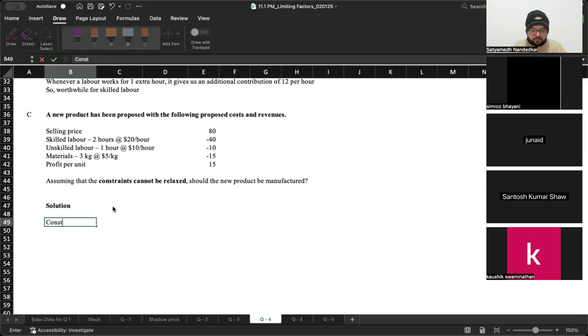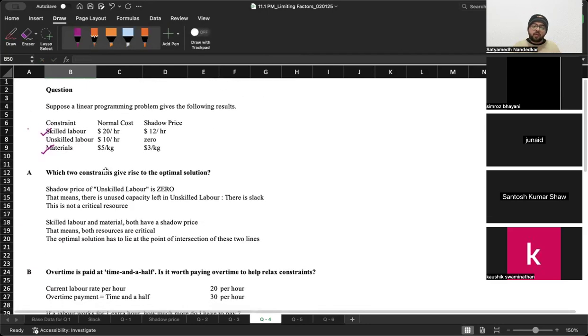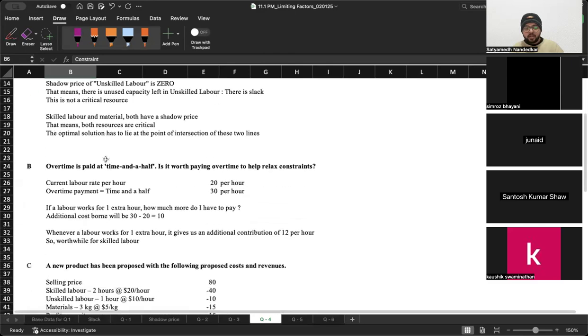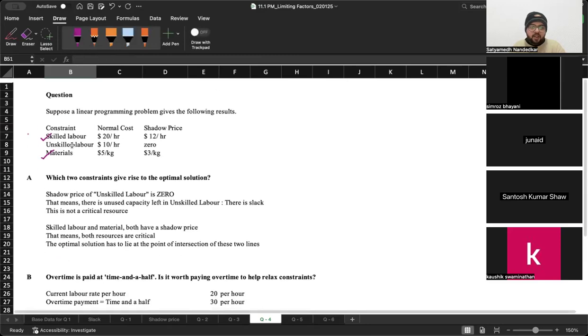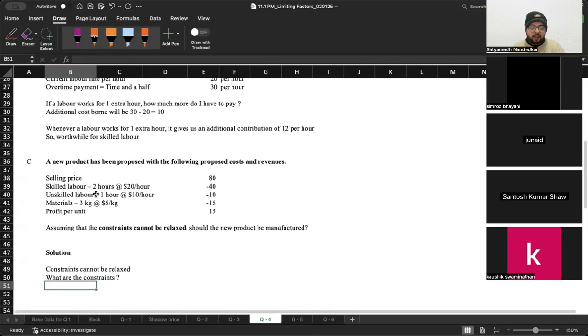Constraints cannot be relaxed. Now the question is, what are the original constraints? This is the stem of the question. ये base question है. ठीक है. These are the original constraints. Constraints cannot be relaxed. What are the constraints? This question will come to your mind. ठीक है. The constraints are skilled labor and material.